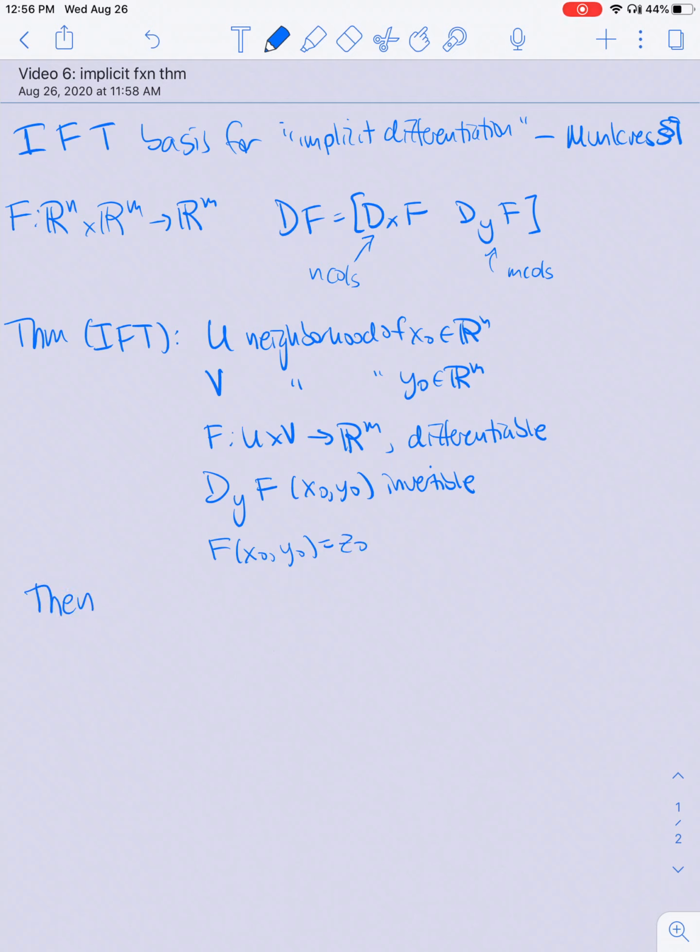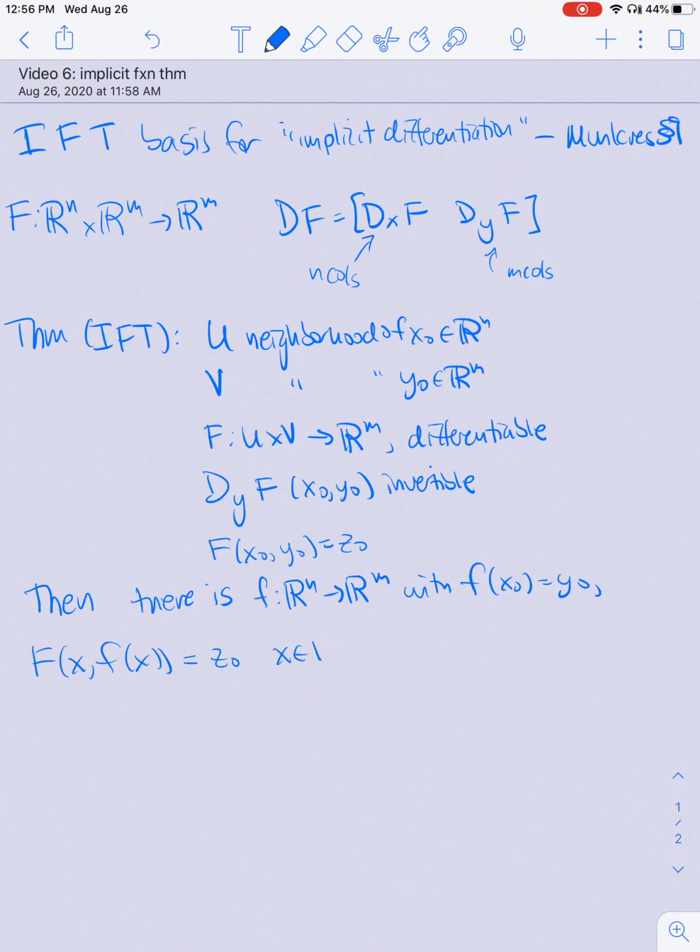Then we can conclude that the preimage of z naught under f is the graph of a function. We'll say that there is a function little f from R^n to R^m with little f(x naught) equaling y naught and big F(x, little f(x)) equaling z naught if x is in W, which is some neighborhood of x naught, and moreover little f is differentiable, and it's unique.